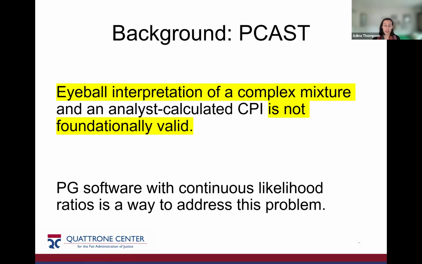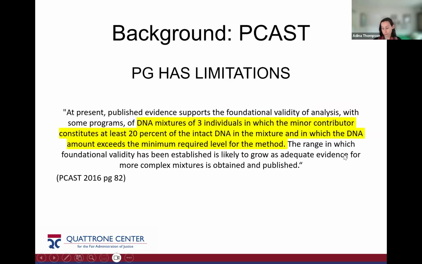What's different about PG software is that they're using a different statistic. First, many things are different, but they're using a statistic called a continuous likelihood ratio. I'm going to explain this further in the talk, but something to consider is that when we're looking at mixtures now with PG, with probabilistic genotyping, we're looking at a different kind of calculation than we were looking at in these previous mixture analyses.